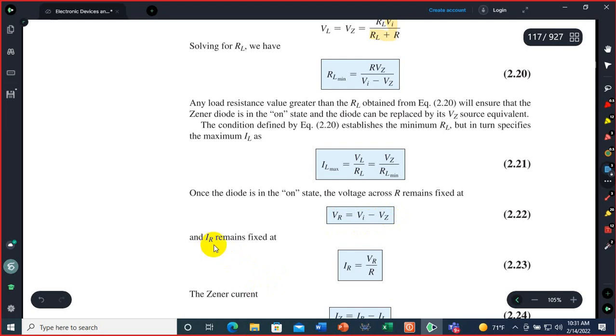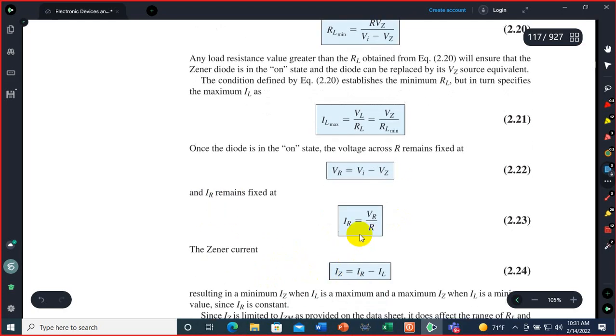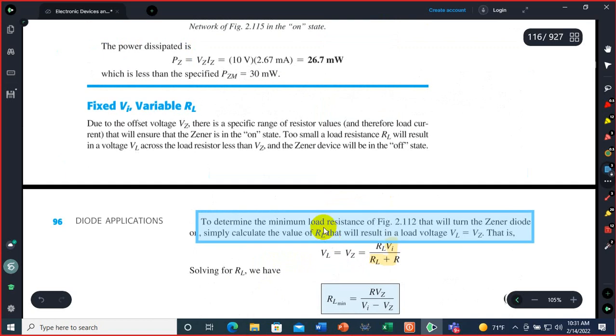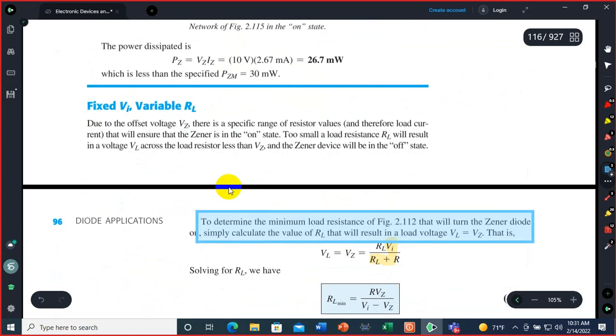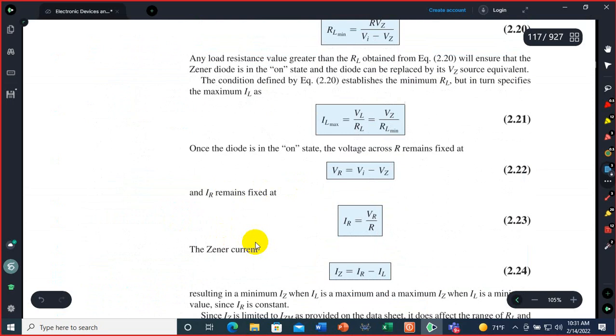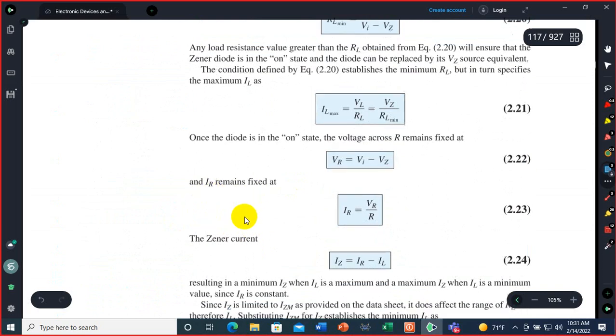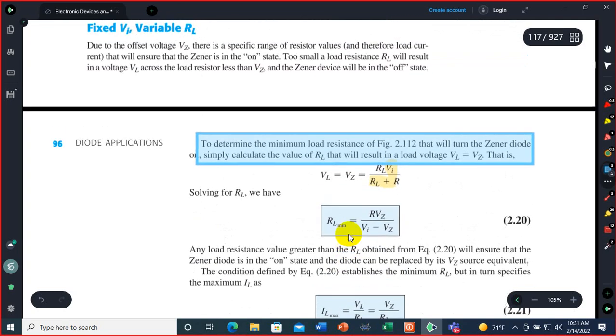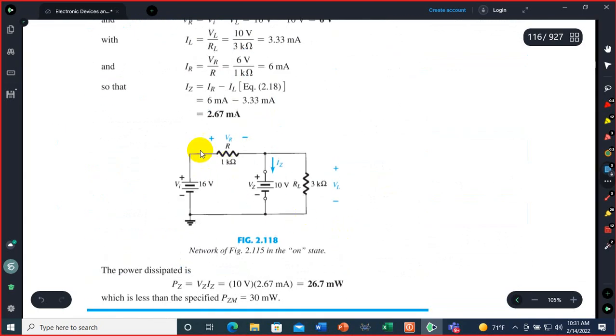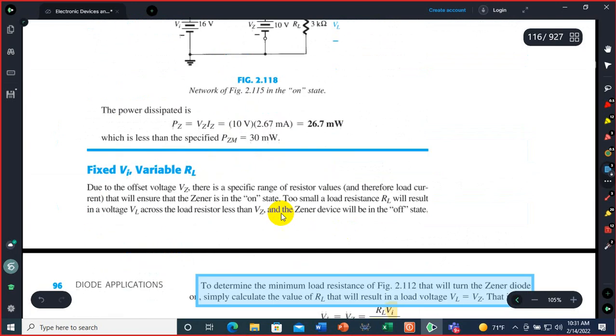And the IR remains fixed, IR equal to VR divided by R. So the total current remains fixed. And the zener current IZ equals total current minus load current. This is the total current minus the load current. So IZ, Kirchhoff's current law.